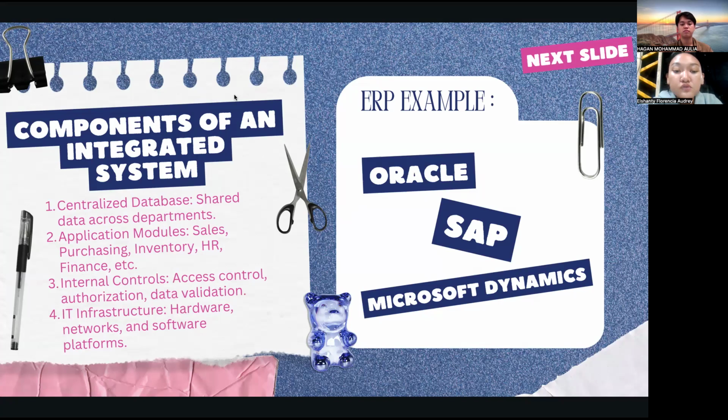The last one is IT infrastructure like hardware, networks, and software platforms. The ERP examples that we all know are Oracle, SAP, and Microsoft Dynamics. We can go to the next slide.